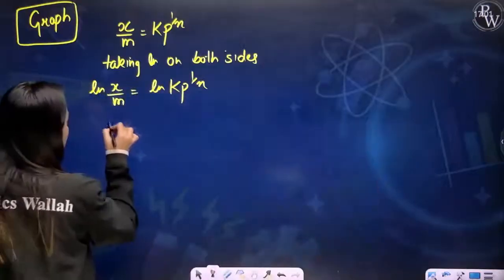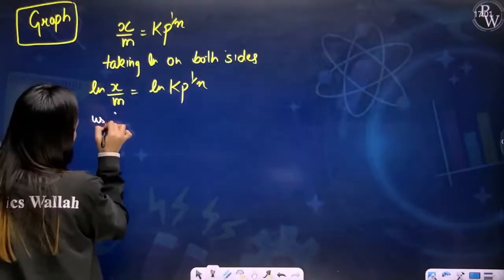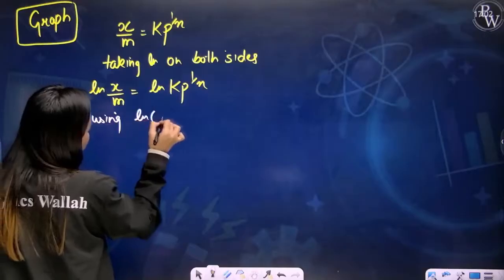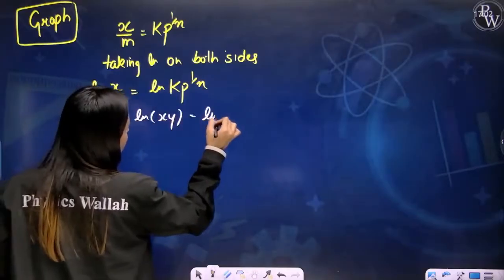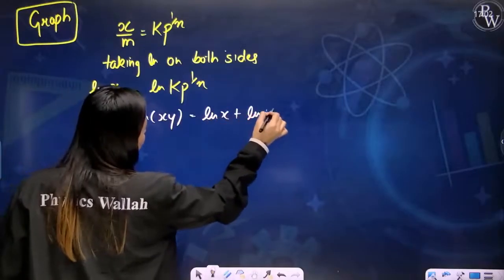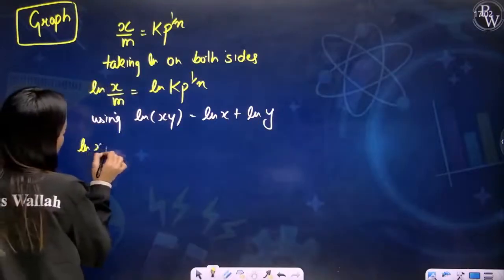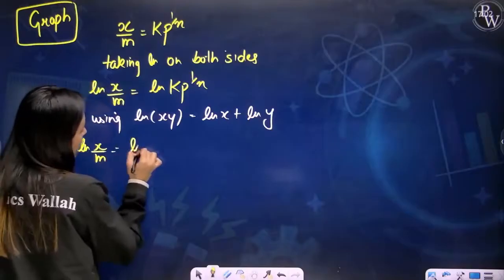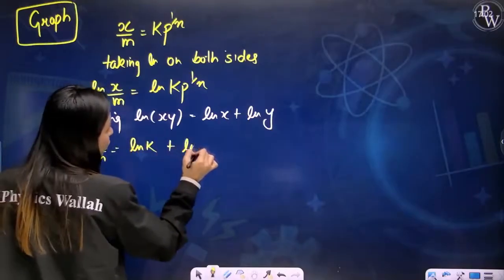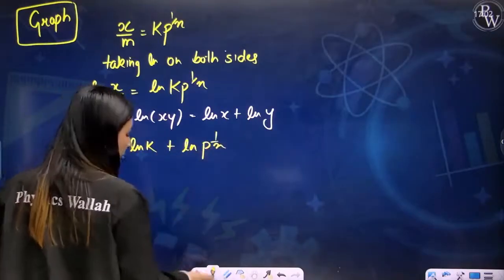So we are using ln of x into y is equal to ln of x plus ln of y. So this will come out to be ln of x upon m is equal to ln of k plus ln of p power 1 upon n.